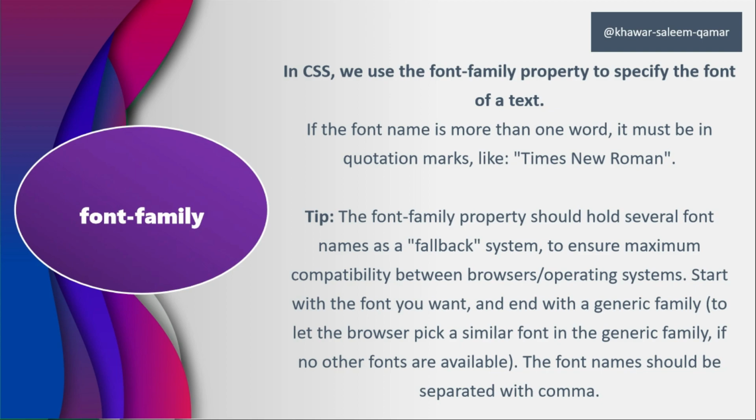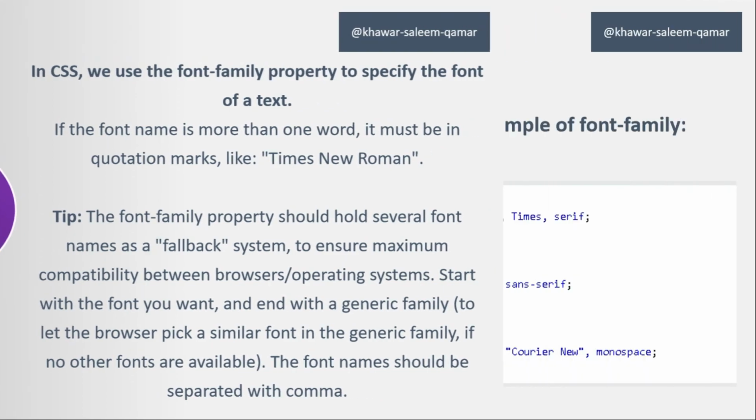These are the generic font families related to these fallbacks. And if you write the generic font family related to your font, then it would pick up a font which looks similar to your primary font, and it would use that to show your text inside the browser.